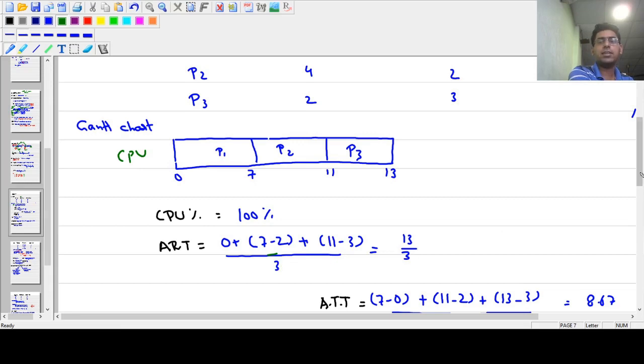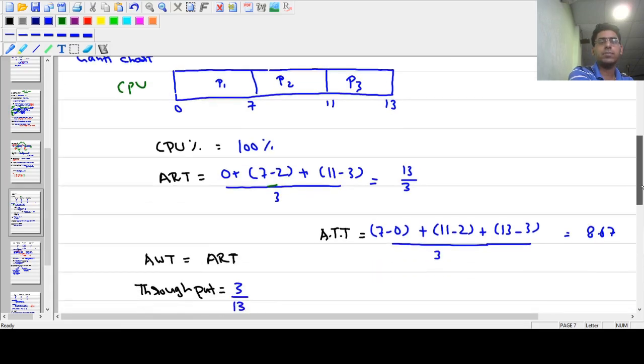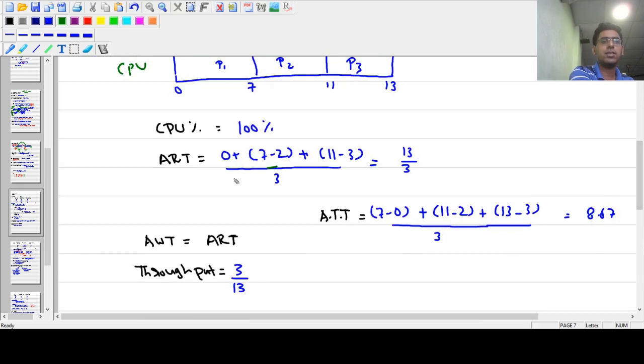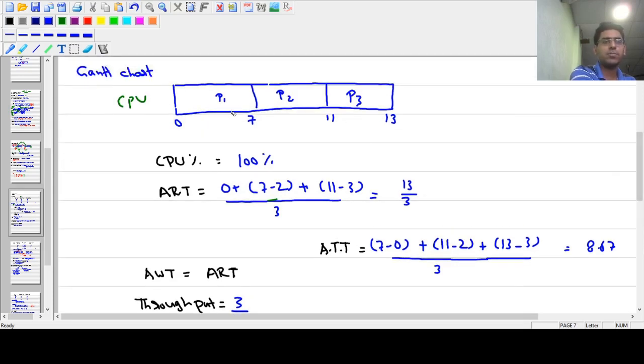Next criterion is average turnaround time. First let us see the average waiting time. Average waiting time is the total time for which a process has to wait in the ready queue. Here the process is waiting only for this much time. Process P1 has to wait for nothing. Process P2 came at time 2 and got the CPU at time 7, so 7 minus 2.